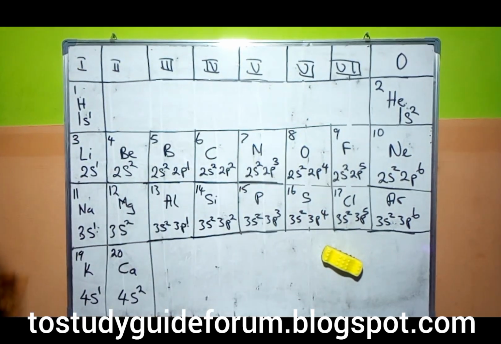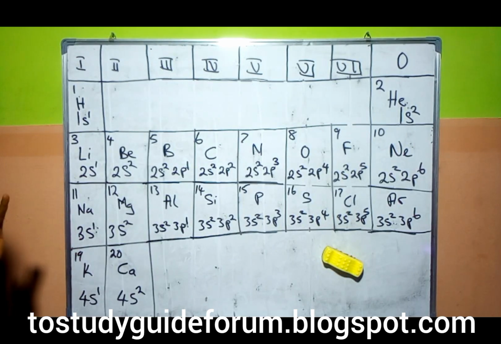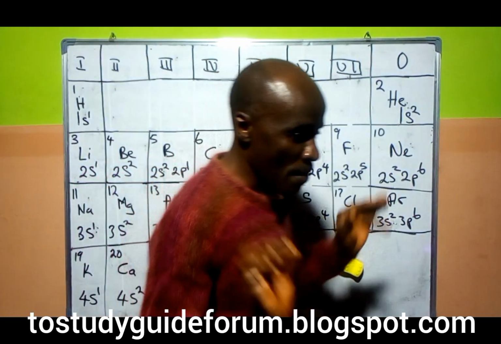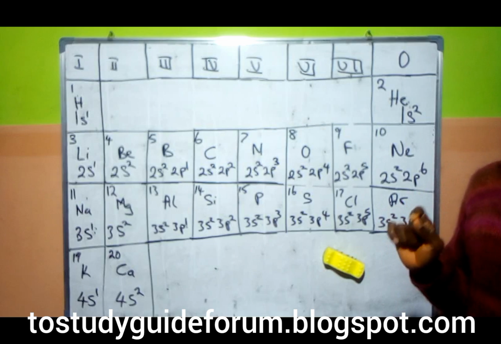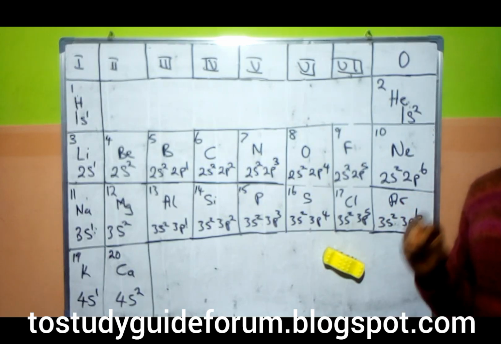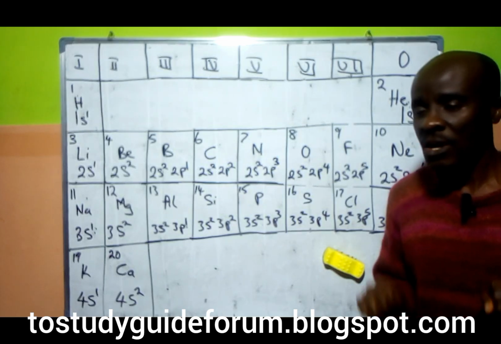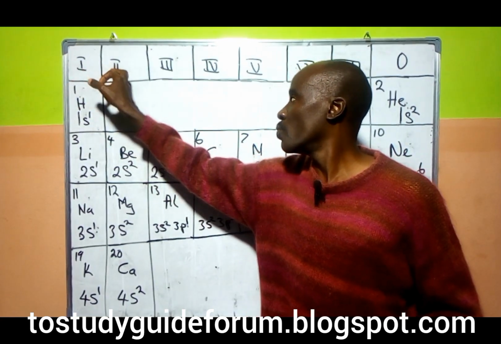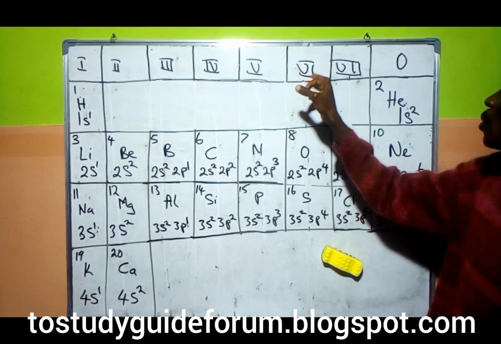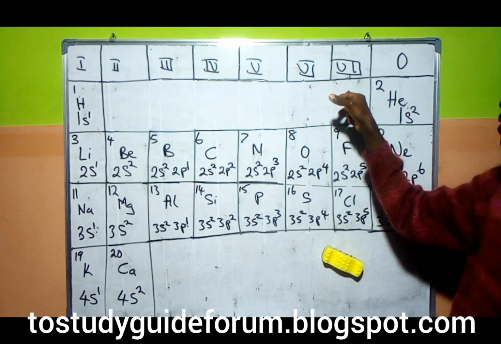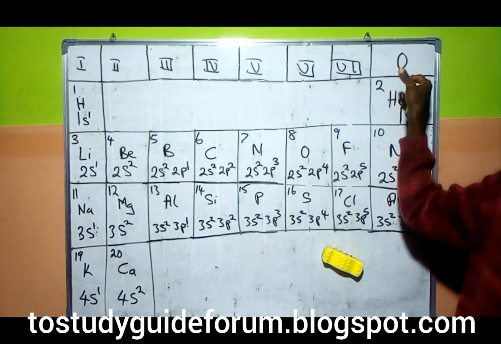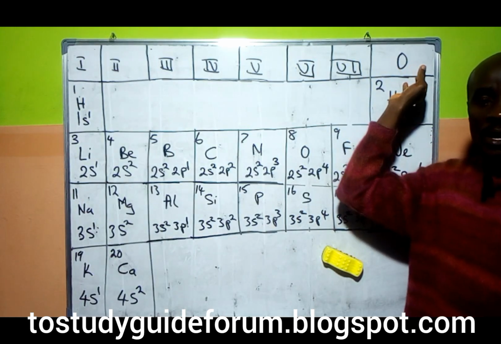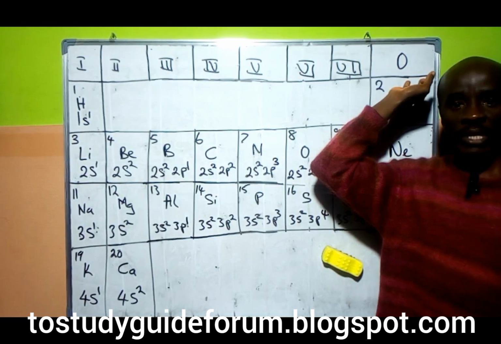There are four groups that show a very high level of similarity in their reactions: group one, group two, group seven, and the noble gases, that's group zero.